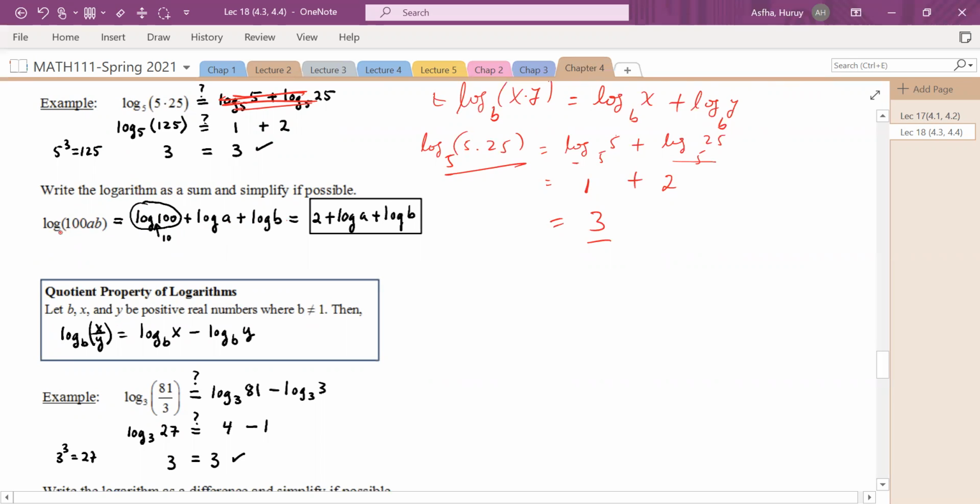So what we do is, this is the same base, base 10, even though we don't write it. So here we have base 10, and here we use the same base. We don't change the base. Okay. Therefore, we have log 100 plus log A plus log B. Log 100 base 10 is 2, and since those are constants, we just leave it that way, and we have this simplified form.